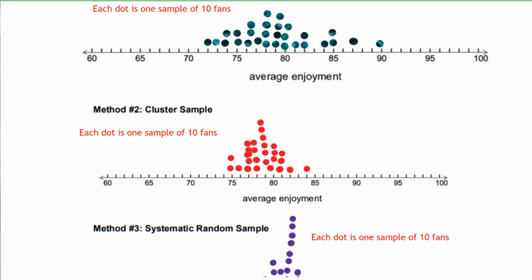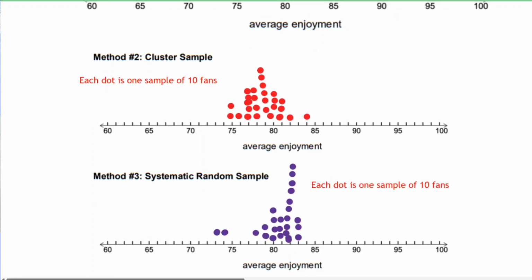Cluster sample has less variation than the SRS. So if I have one dot here in isolation, I could feel pretty secure that it's not an outlier dot because the method, when done correctly, produces a sampling distribution of samples that has very low variation.